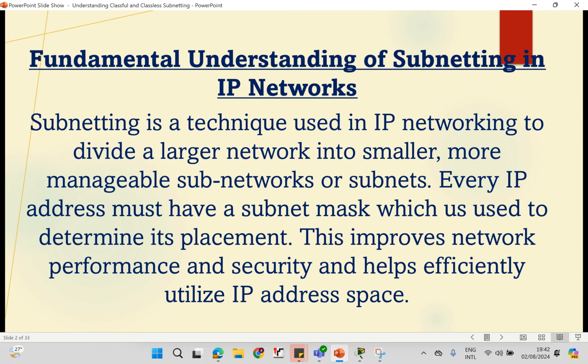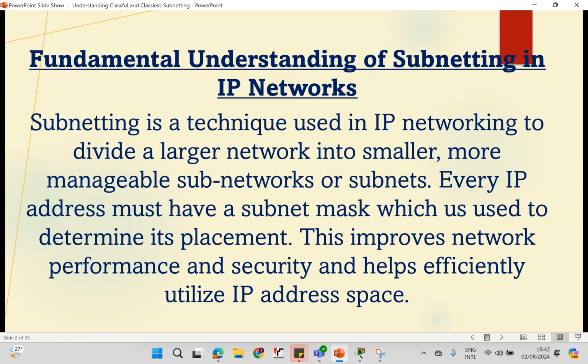So what is subnetting? We said subnetting is a technique used in IP networking to divide a larger network into smaller, more manageable subnetworks or subnets.